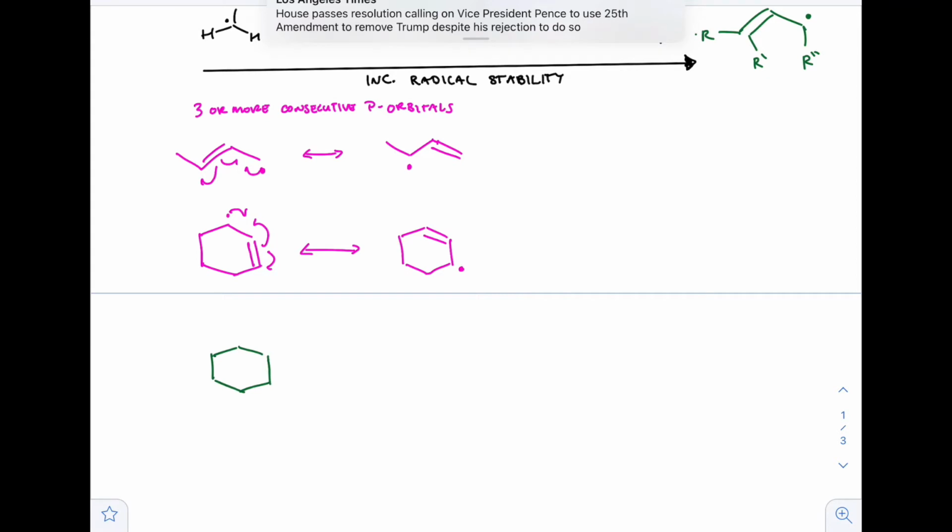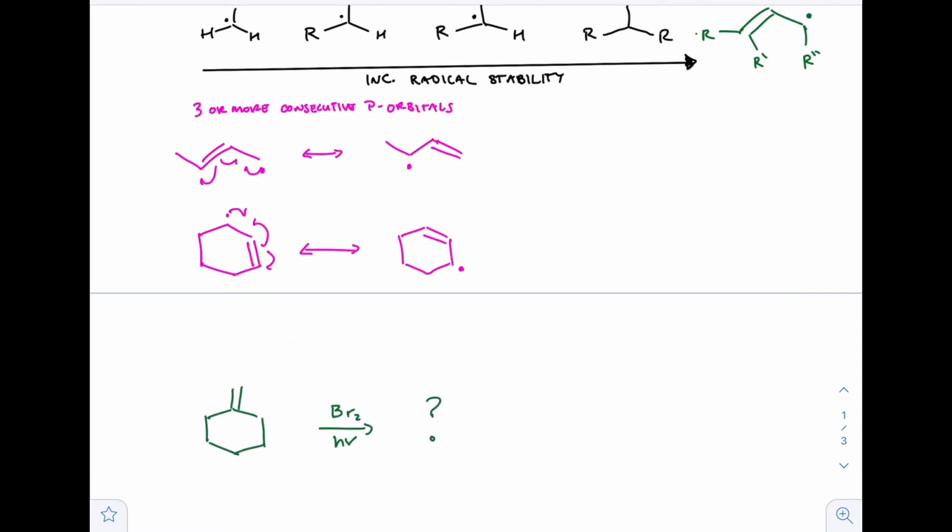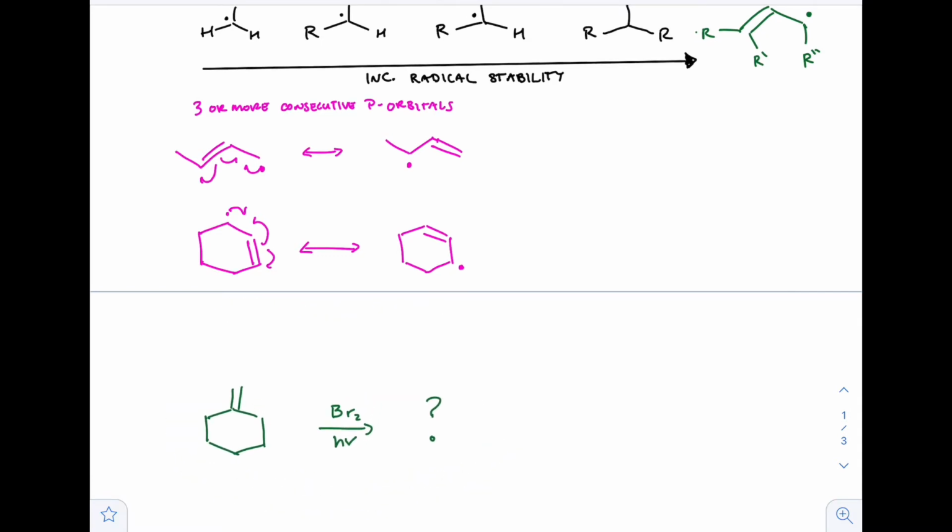I want to draw you a compound, and then I want you to decide what the possible products are going to be. So we have this particular methylene compound. Let me write a real question of what you might actually see on a quiz or an exam.